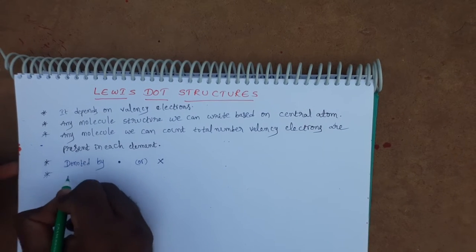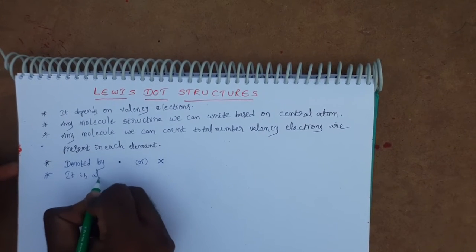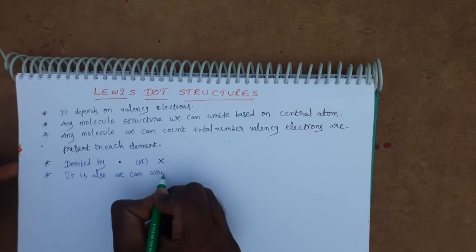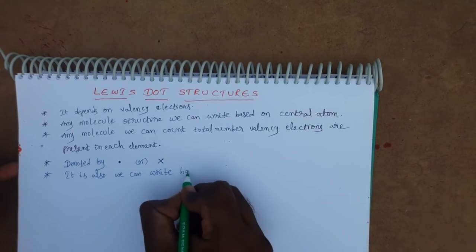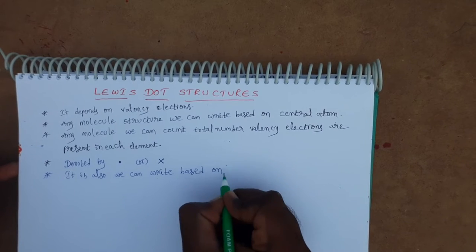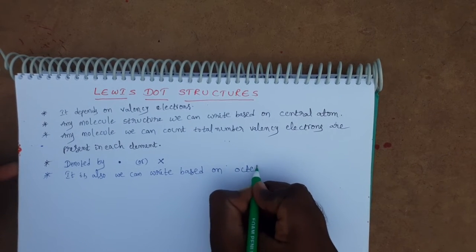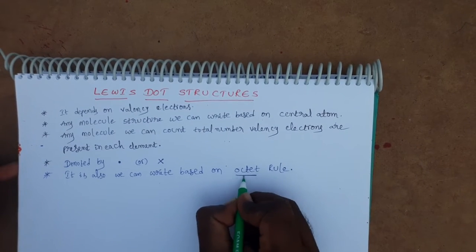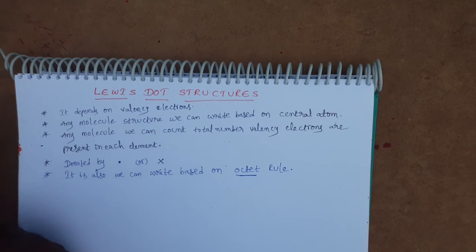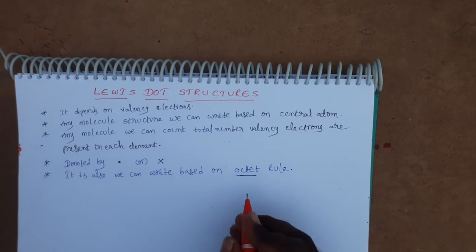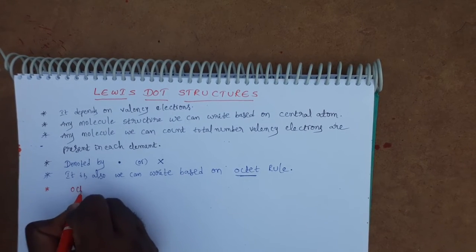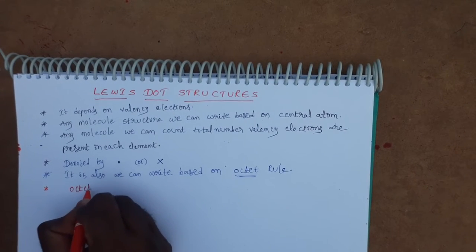And we can also write it based on the octet rule. What is the meaning of octet? Oct means eight.